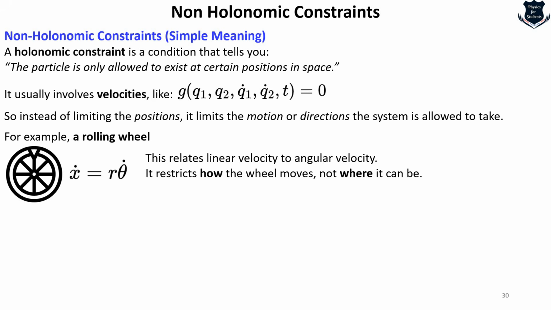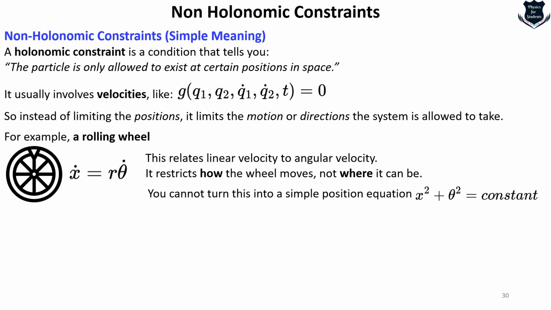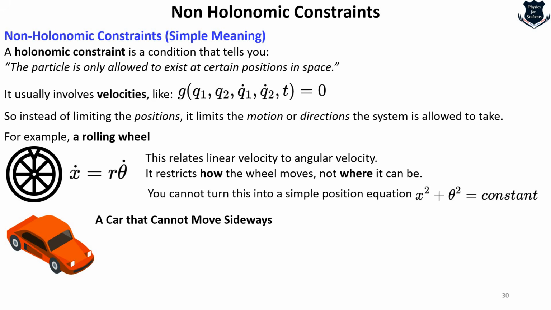That means it will move in a specific direction. It cannot slip and move left and right. For example, you cannot make an equation as constant as x squared plus theta squared equal to constant. If I take a car, you know that a car cannot move sidewise. What does it mean? It means it is a non-holonomic restriction. A car must satisfy this equation, and this equation tells the car can only move in the direction it is pointing.